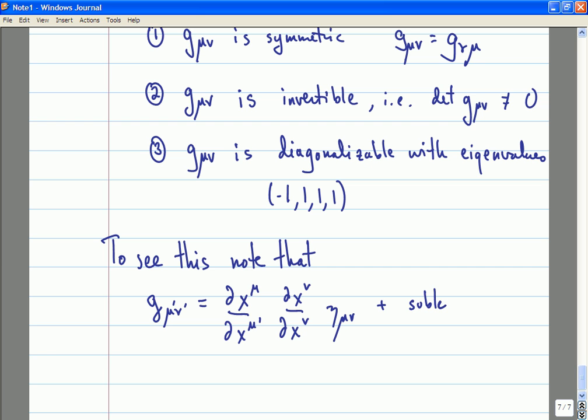Or in matrix notation, this would be the statement that as a 4x4 matrix, g is given by the Jacobian matrix transpose times eta times the Jacobian matrix.